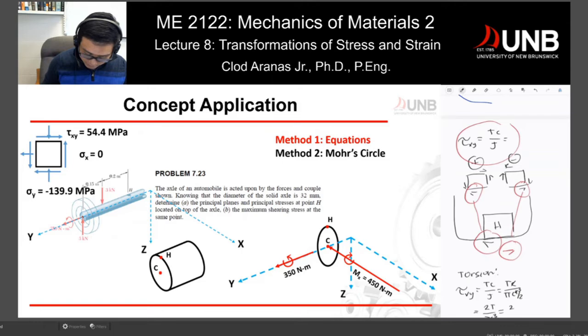That would give you 2 times your torque, which is 350 Newton meter, divided by pi.